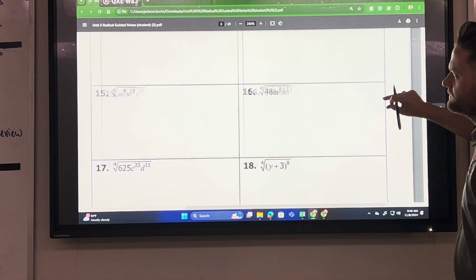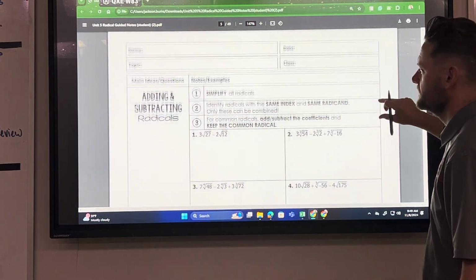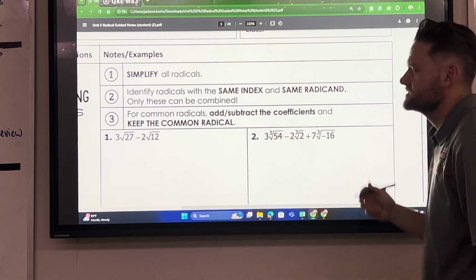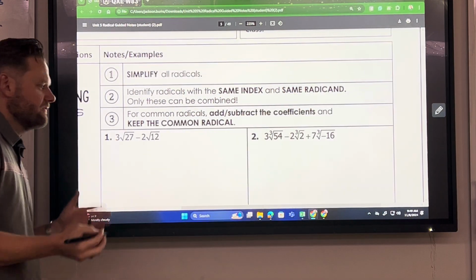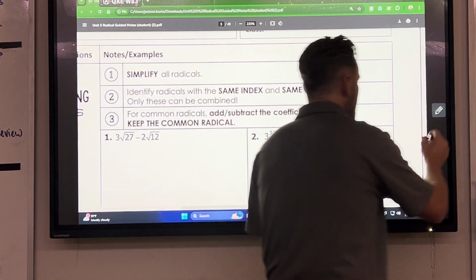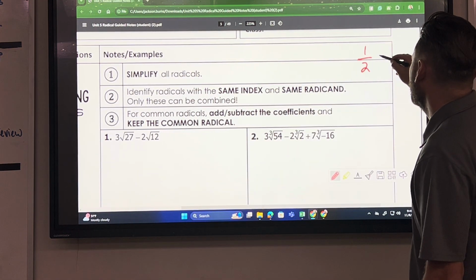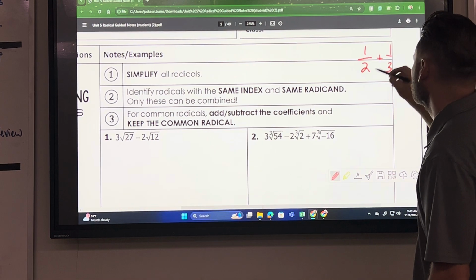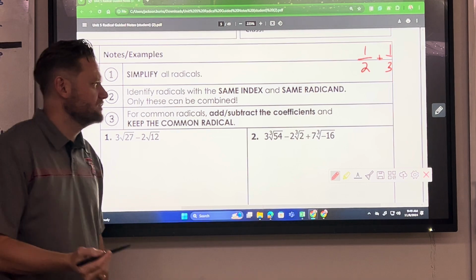So that is simplifying our roots with exponents. Hopefully you finished that homework. Now let's talk about adding and subtracting radicals. So very similar to how I add and subtract my fractions. If I have a 1/2 plus a 1/3, one of the first things I need to do is get a common denominator.